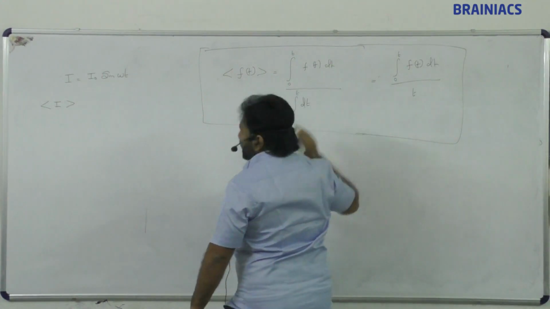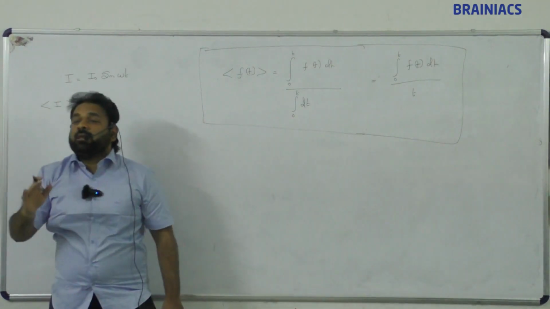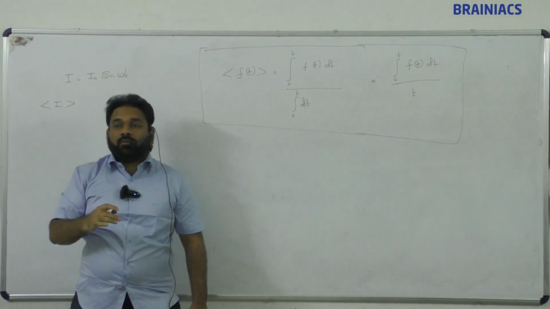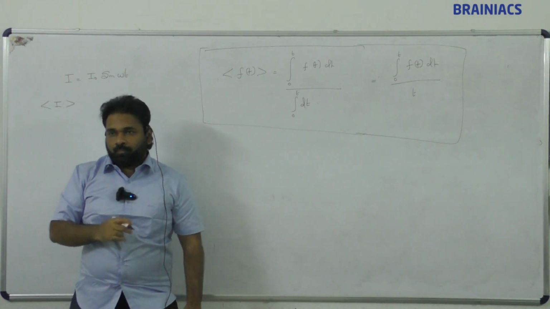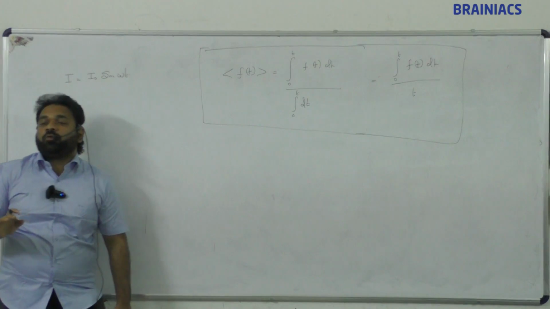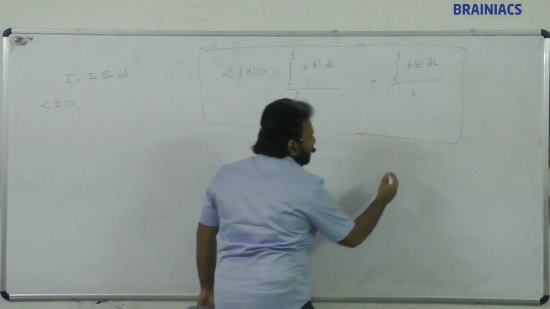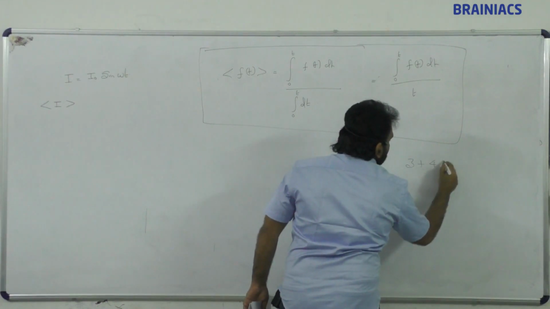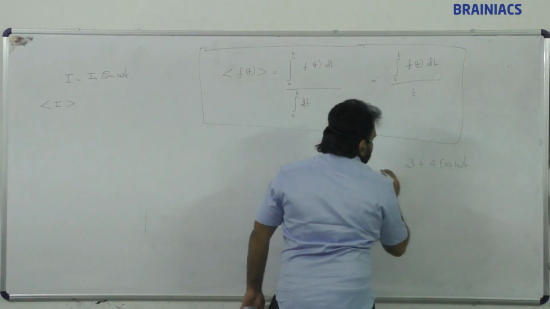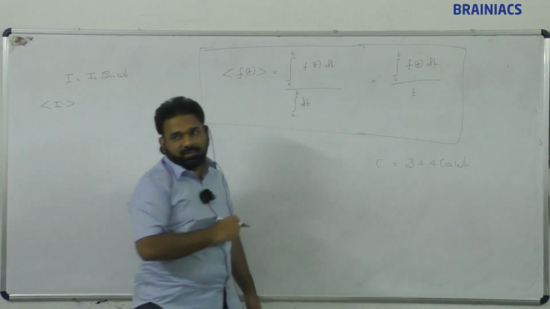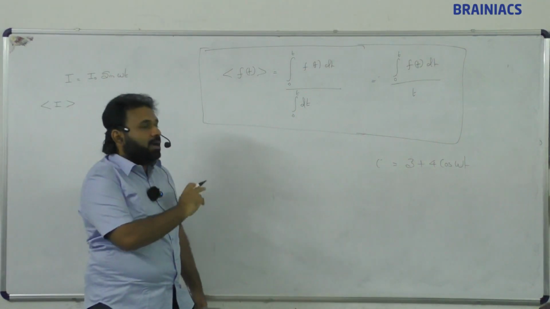This process is important because there are questions. Through this only we will be able to find RMS value. Suppose you will be getting some questions like I is equal to 3 plus 4 cos omega t, something like that can come. We need to find the RMS value of this.